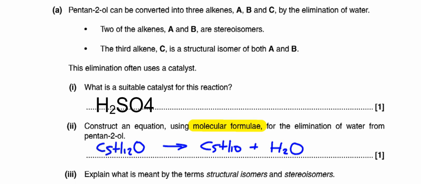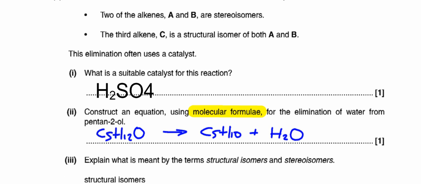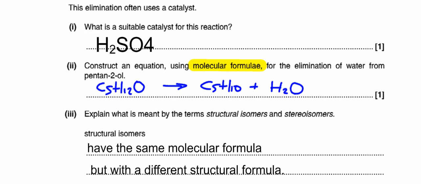Then going down, explain what is meant by stereoisomers and structural isomers. So structural isomers, they're going to have the same molecular formula but different structural formulae. I should put formulae there to be fair.